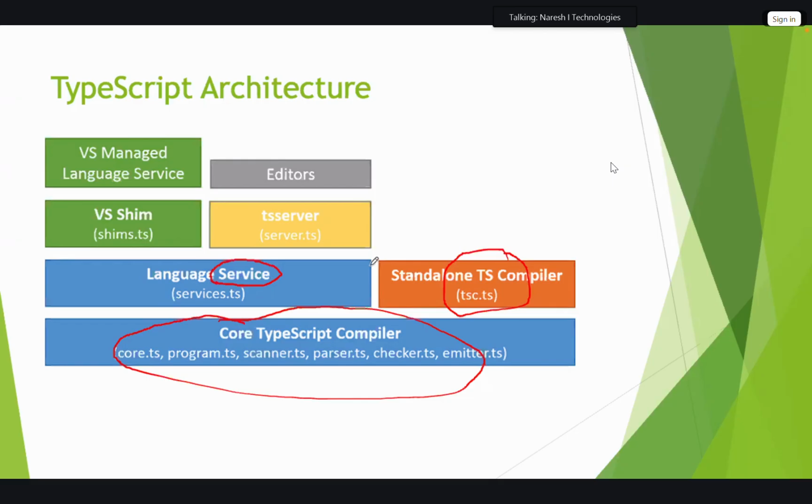Language service means whatever TypeScript requires, the library for TypeScript is present here. Language service provides all the functions, values and factories that are required by the language. TypeScript has to use ready-made functions and values, so all of them are present in the language service. And you can see there is a TS server.